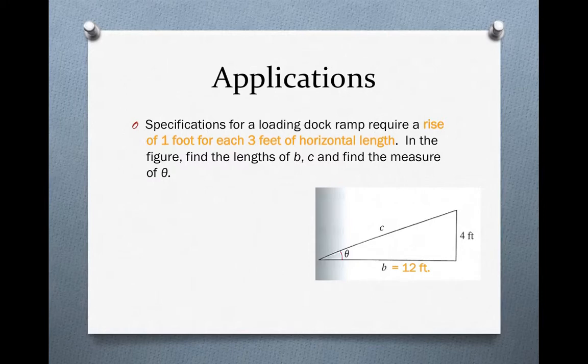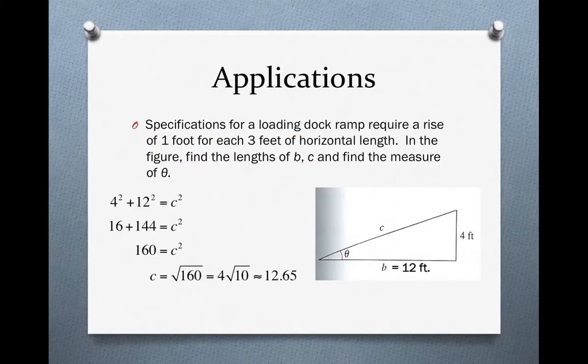So B is going to be 12. Then we can assume that the height and the horizontal would be perpendicular to each other, so this would create a right triangle, and therefore we can find C by using our Pythagorean theorem. Okay, so we're going to get C then to be about 12.65 feet.